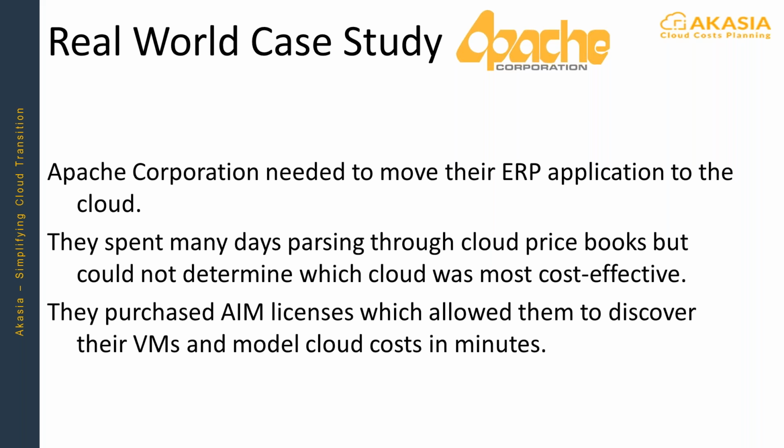So as a backstory, Apache Corporation needed to move their ERP application to the cloud. And they spent many days parsing through cloud price books, and yet they couldn't determine which was most cost effective, mainly because sometimes you're comparing apples and oranges.